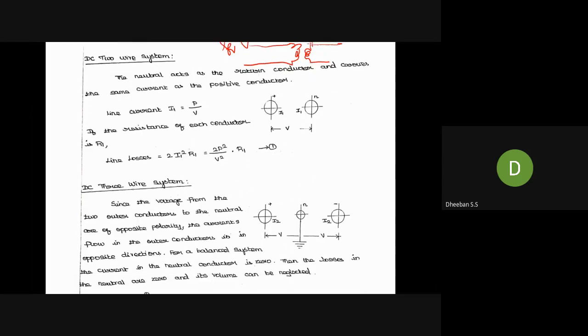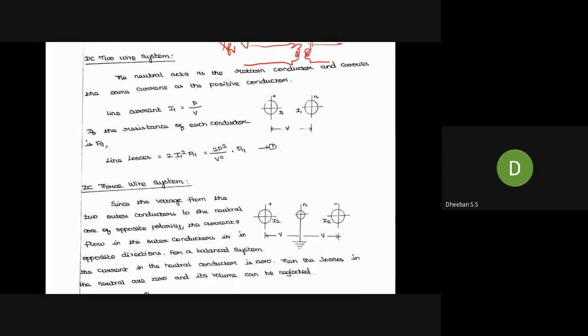For a circuit to conduct current, it has to be a closed loop circuit. So the same amount of current will be flowing through these two conductors if the circuit is in a closed condition. Here the line current I1 will be equal to P by V, because we are speaking about DC power.